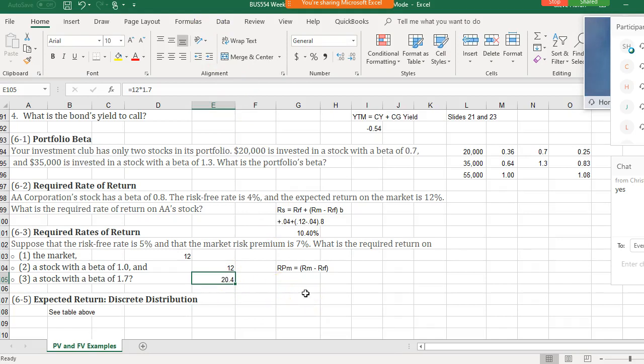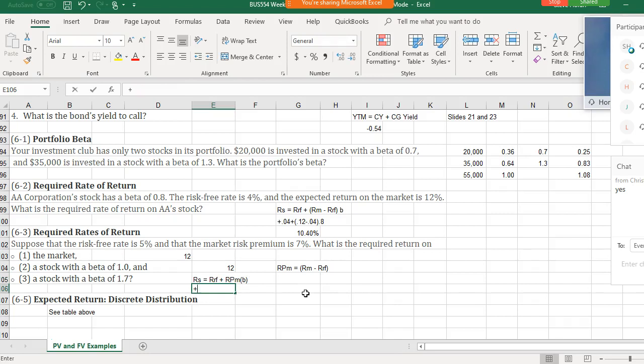So in this one, R sub S, the return on that particular stock, equals R sub RF plus the market risk premium, RPM, and then we take that RPM and multiply it by beta, times B. That's really the formula.